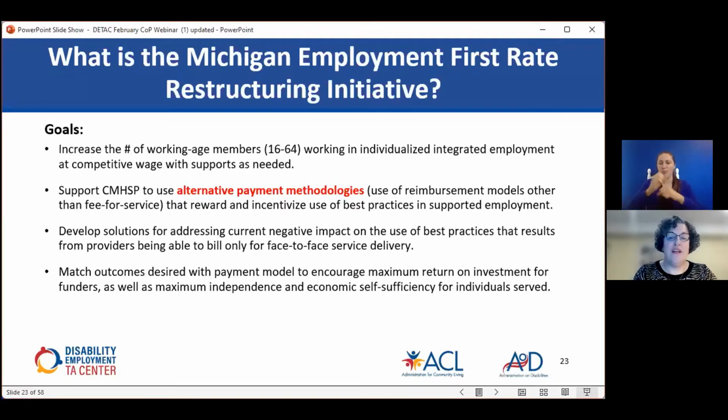Within the outlined Employment First implementation plan that was developed was a dedicated focus on rate restructuring.